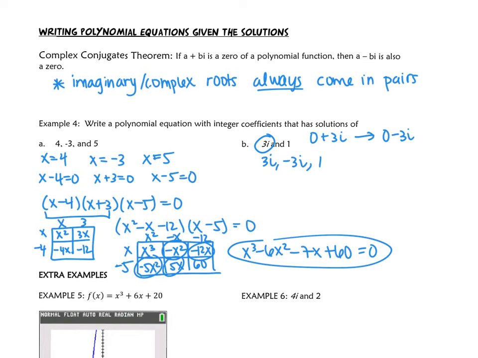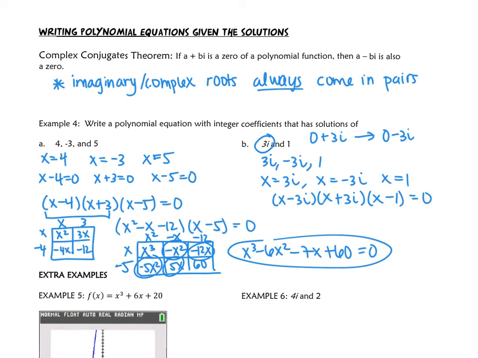Okay, setting equal. I get x equals 3i, x equals negative 3i, and x equals 1. So I get x minus 3i, x plus 3i, and x minus 1. So that is my whole equation.